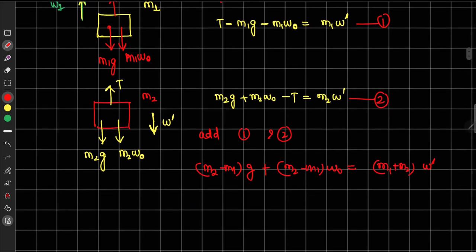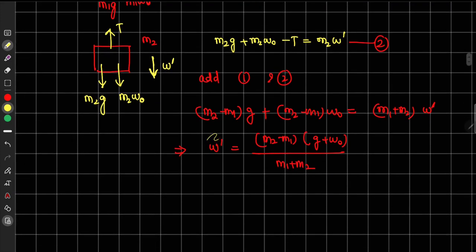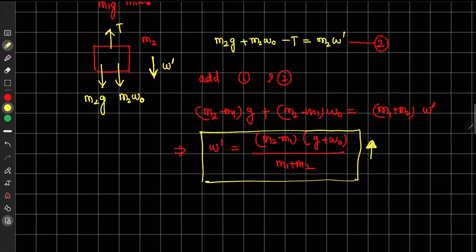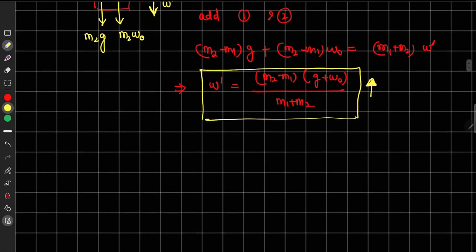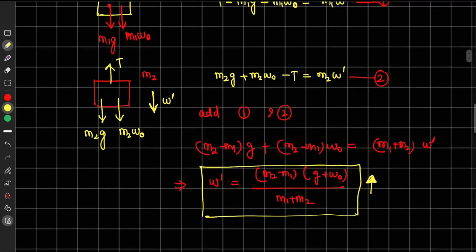So from here we can get w dash is equal to (m2 minus m1) as common, so we will get (g plus w naught) whole divided by (m1 plus m2). So this is the acceleration of mass m1 we got, which is in the upward direction. Now from here we can find out the tension force by using, let us say, the first equation.